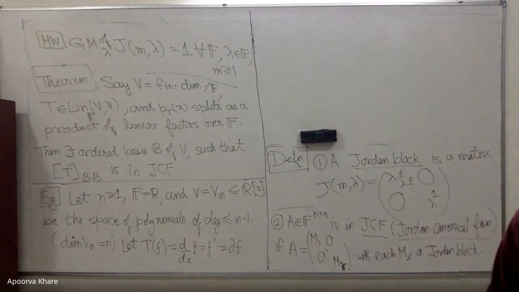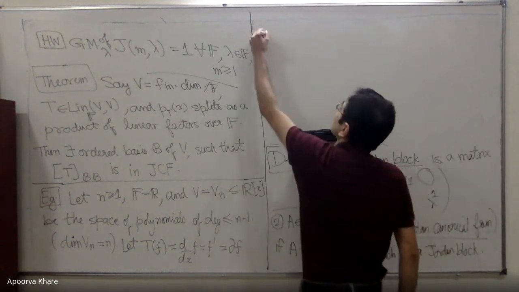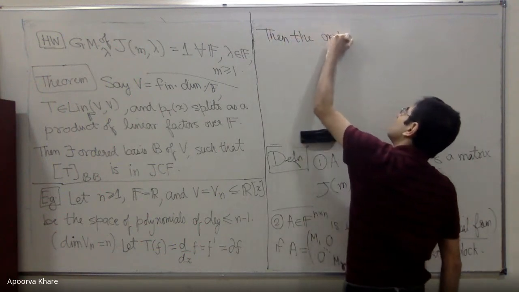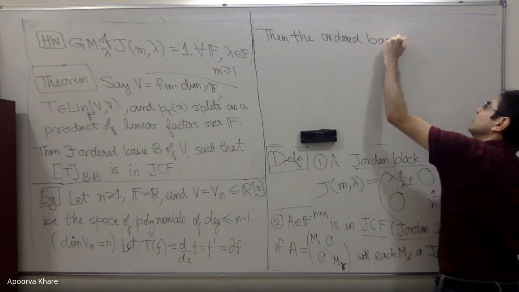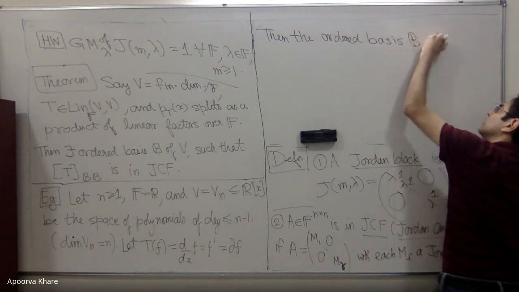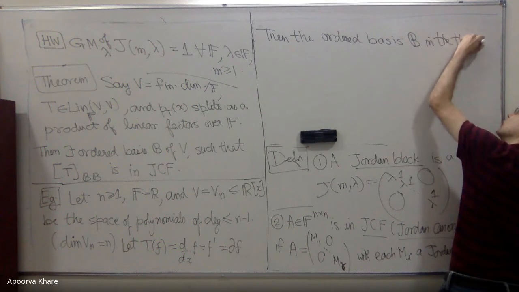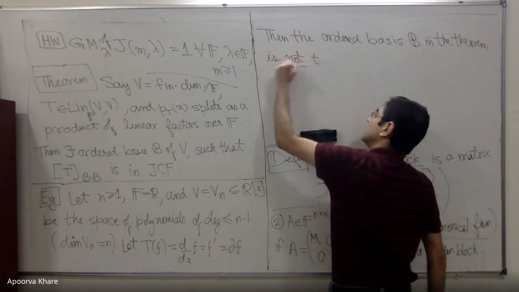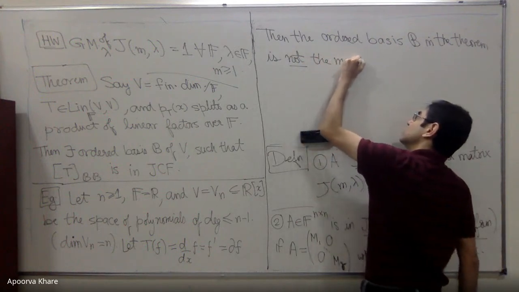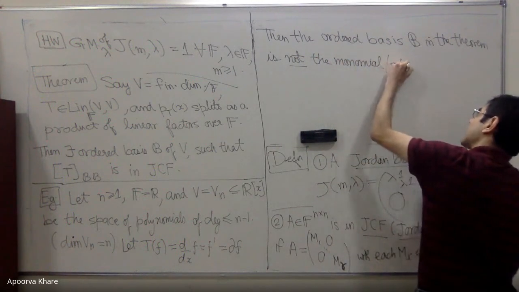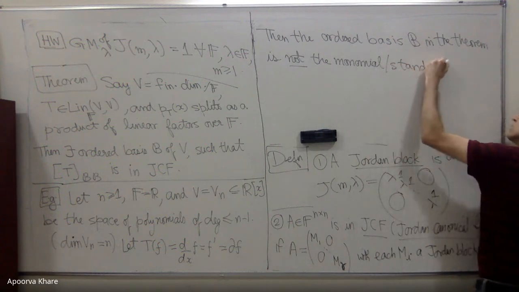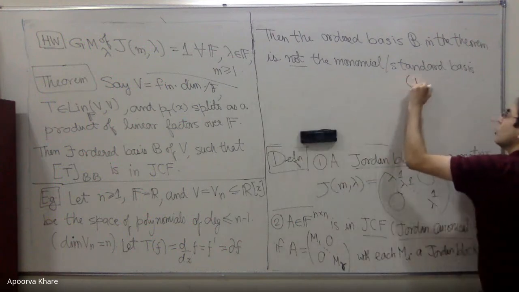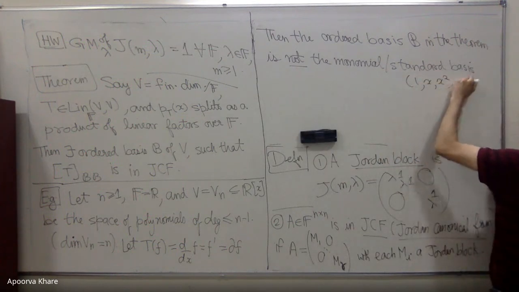And so the basis that you're going to use, the ordered basis B in the theorem, is not the monomial basis, or standard basis, 1, x, x squared, up to x to the n minus 1.